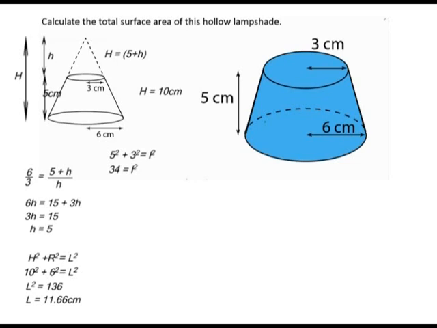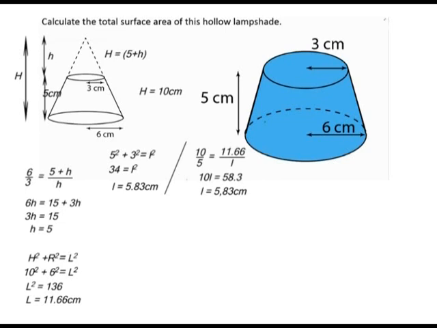Square root of that will give us 5.83 centimeters. Alternatively, we use the ratio method. 10 over 5 is equal to 11.66 over L. 10L is equal to 58.3 and L is 5.83. The same answer.